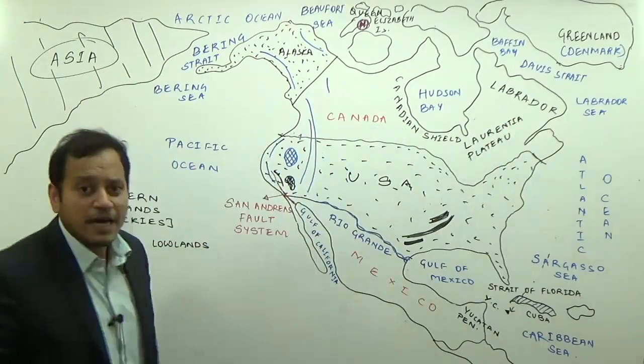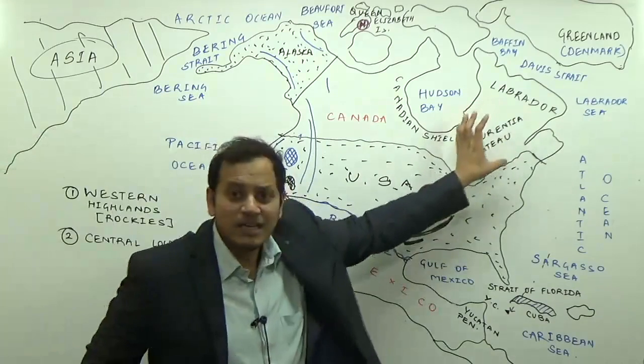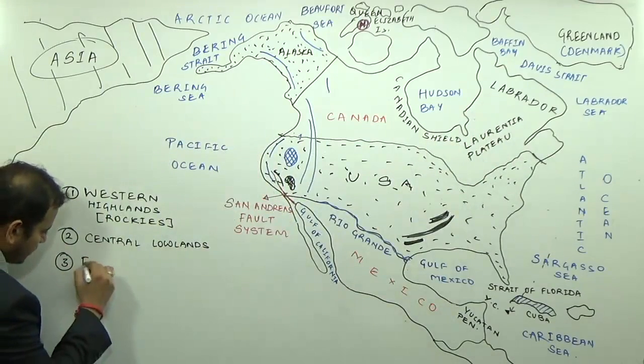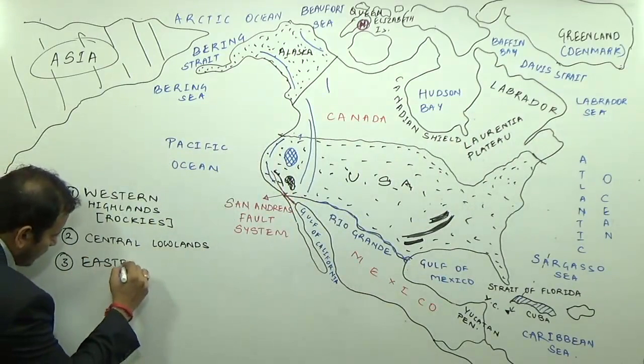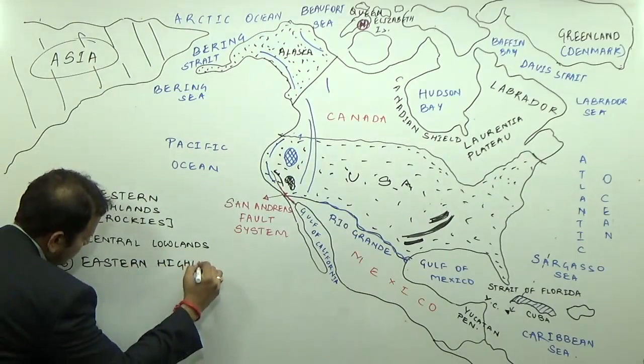Laurentia Plateau region of Canada is an example of a highland. So this entire part is the Eastern Highlands.